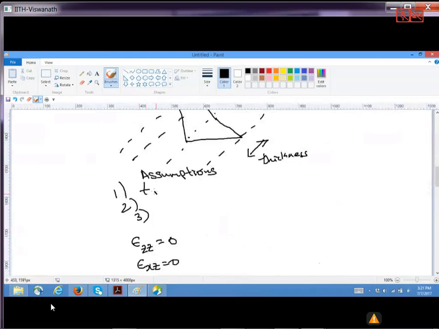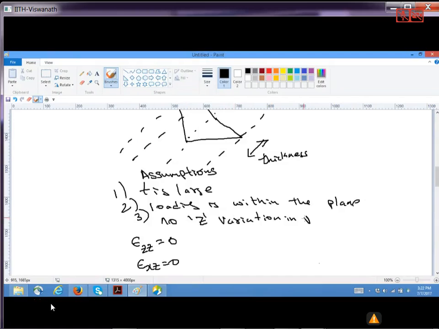For plane strain, T is large. Next, loading is within the plane and no z variation, that is sigma x comma y comma z is only a function of x comma y.